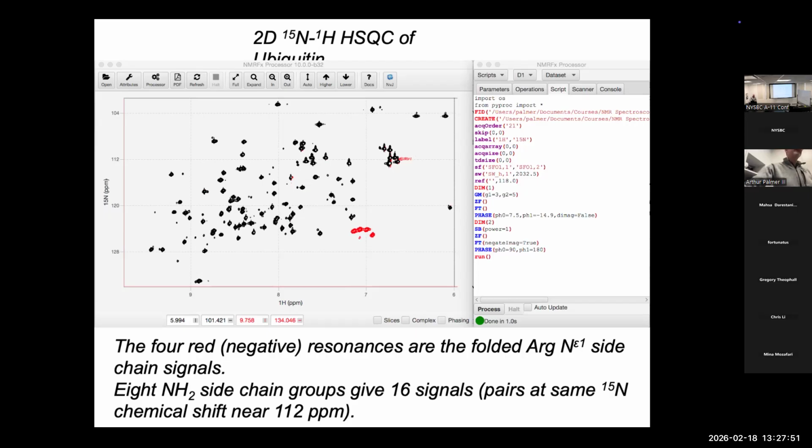So the side chains are NH2s. What do we put in the sample for the lock? D2O, so there's 5 or 10% D2O in the sample.